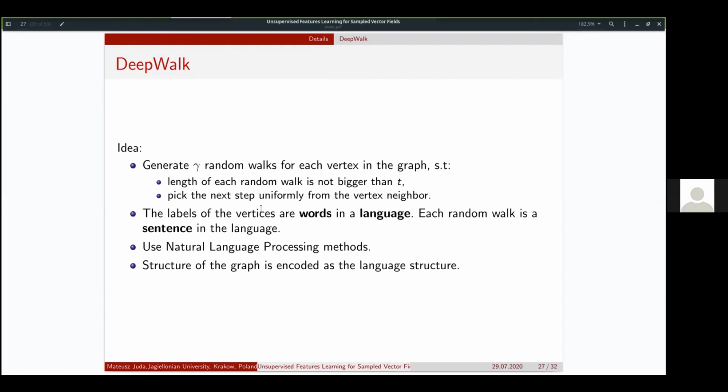So now we will treat the labels as words in some artificial language, and each random walk will be a sentence in that artificial language. And having this set of random walks, we can generate a text document and use NLP methods to analyze it. In that example, the text document will, in some sense, encode the structure of the graph as words, as sentences of the language.